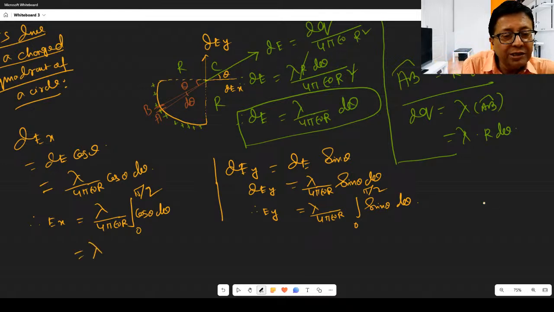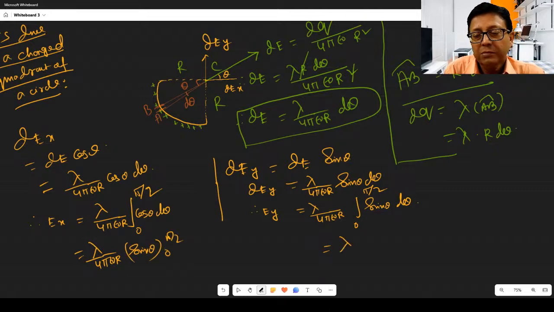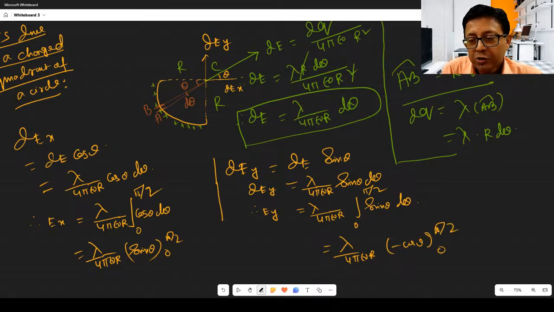So this is sin theta, so the value is cos pi by 2, which is 0, minus minus it will be plus.